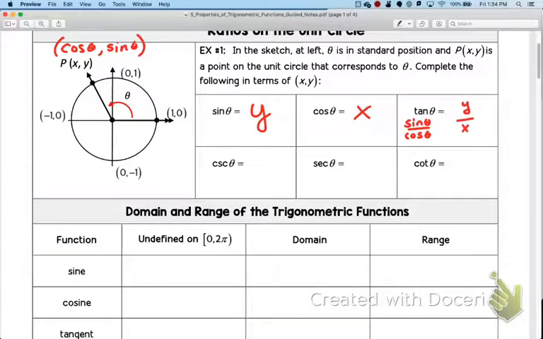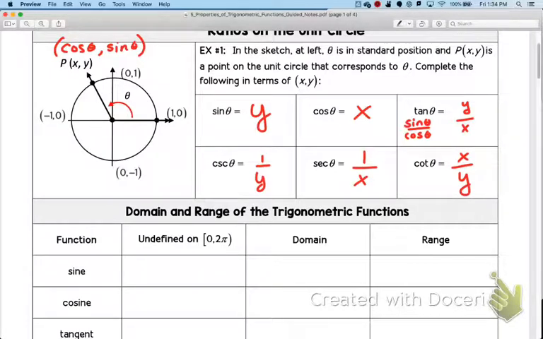Cosecant is the reciprocal of sine, so that's 1 over y. Secant is the reciprocal of cosine, so 1 over x. Cotangent is the reciprocal of tangent, so x over y. Think of your x and y no longer as x and y, but as cosine and sine.